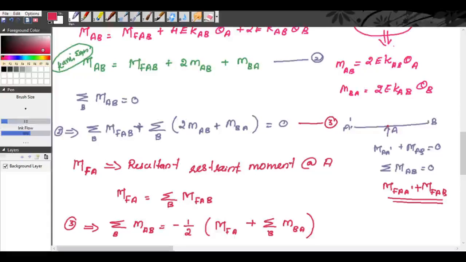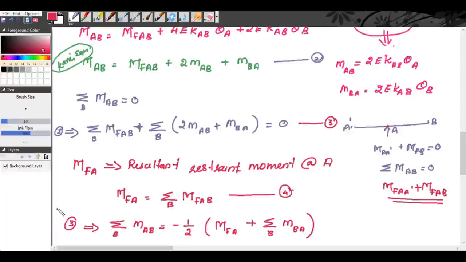This sigma B MFAB is replaced by MFA. We will take this as equation number 4.